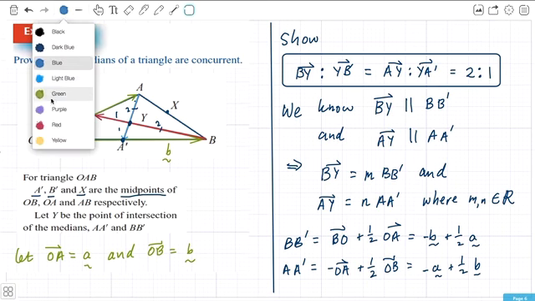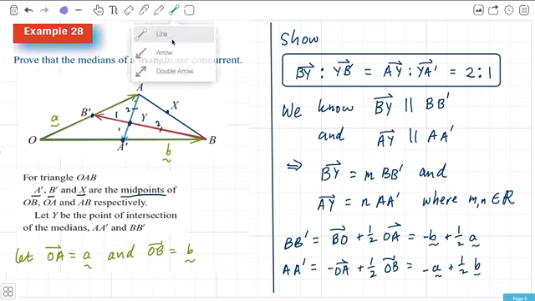I'll do these in purple. Okay, BY and AY, we've got these expressions already. We can link these two together because if we think about this vector here, BA, BY is the same as BA plus AY. So I'm going to use that on the next page.